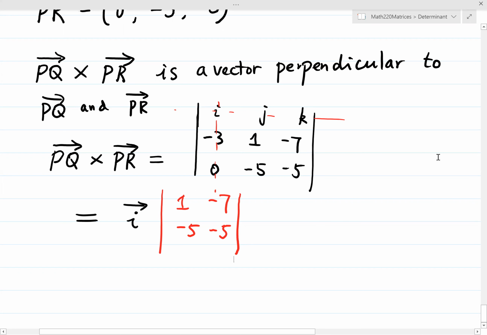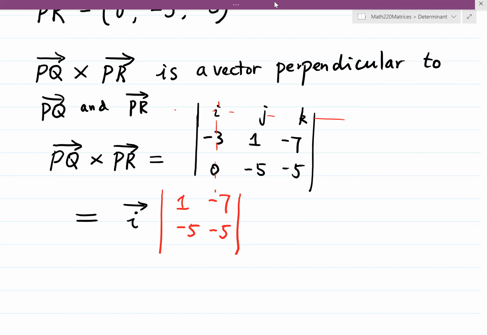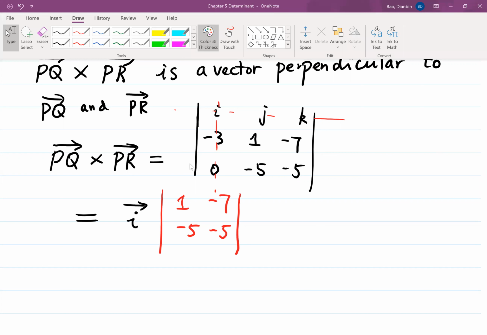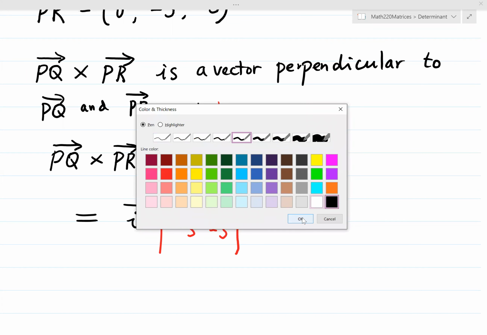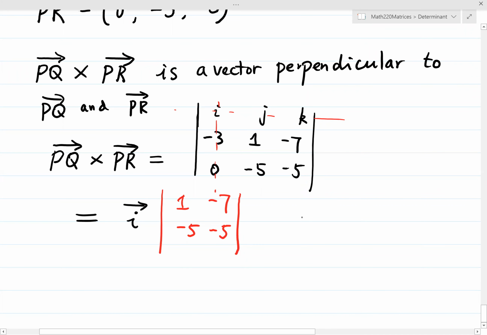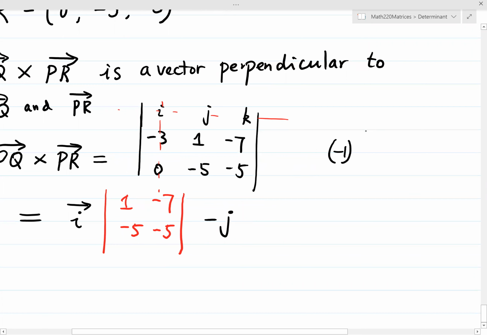And then for j, now we alternate the signs. Every time we alternate by -1. So when we do i, we get a positive i, and then for j, we do minus j. The alternating factor is -1 to the power of column number plus row number.